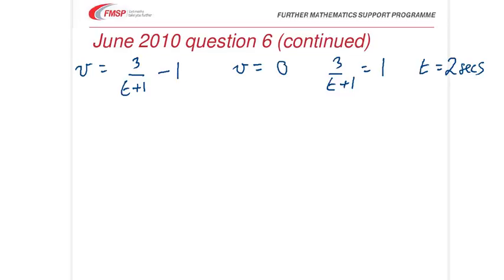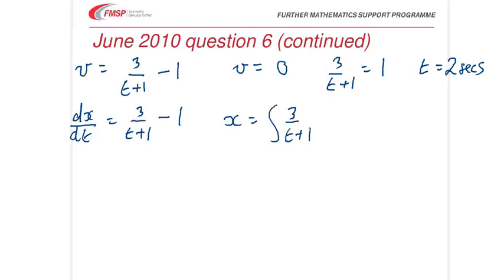So velocity is rate of change of distance, or strictly speaking rate of change of displacement. So we've got dx by dt is 3 over t plus 1 minus 1. So we need to integrate that now. So x equals the integral of 3 over t plus 1 minus 1 dt.